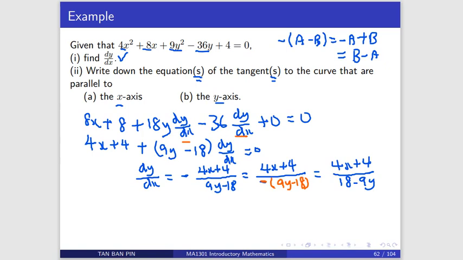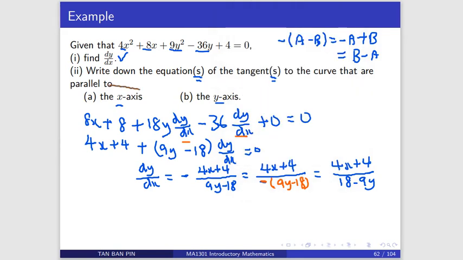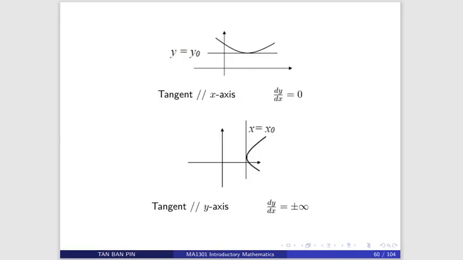If you consider a tangent line parallel to the x-axis, parallel to the x-axis means horizontal tangent. Horizontal tangent means dy/dx is 0. And if dy/dx is 0, then it means the numerator is 0.